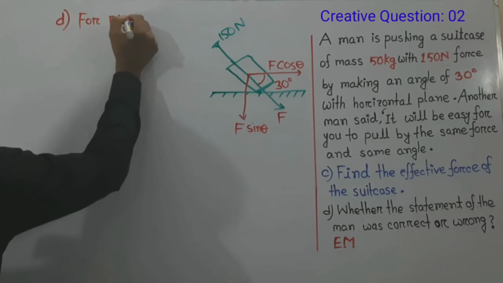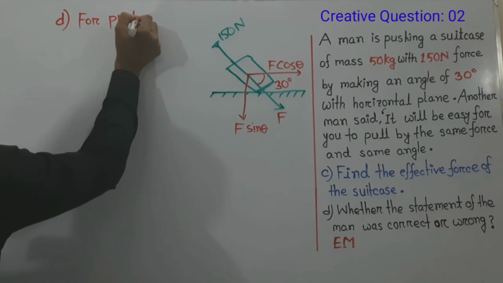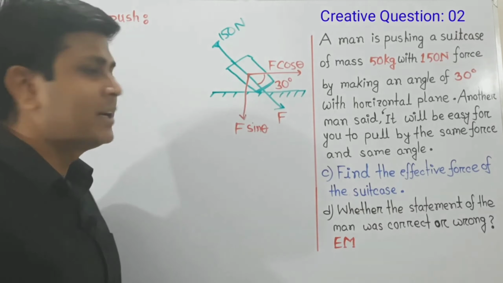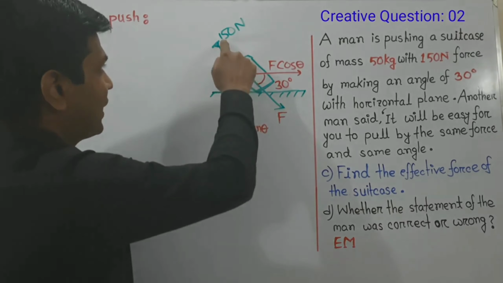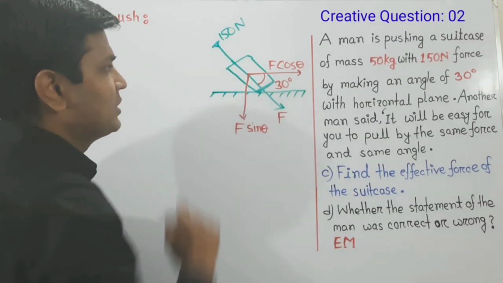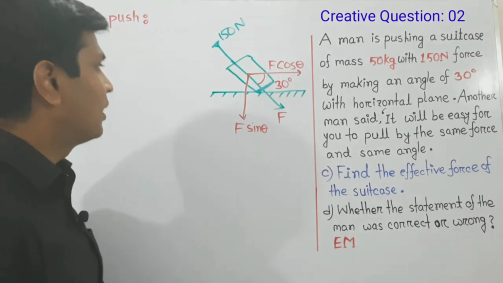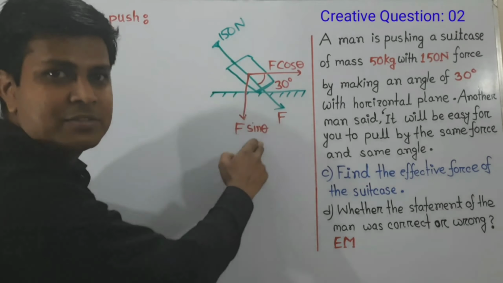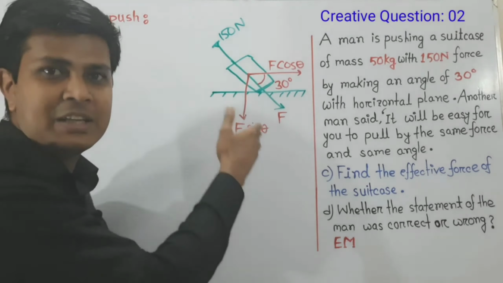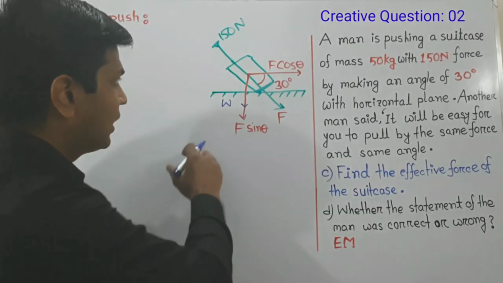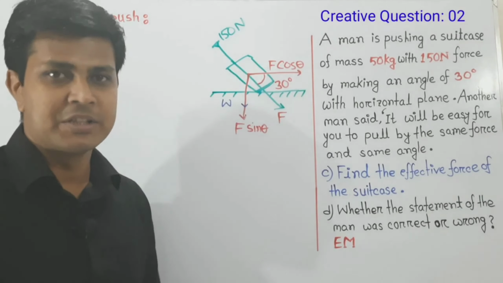When we push the suitcase by applying 150 Newton force with 30 degree angle with horizontal plane, then the vertical component of that applying force will be F sin theta, that acts downward, and weight of the body acts also downward, so the apparent weight of the suitcase will be increased.